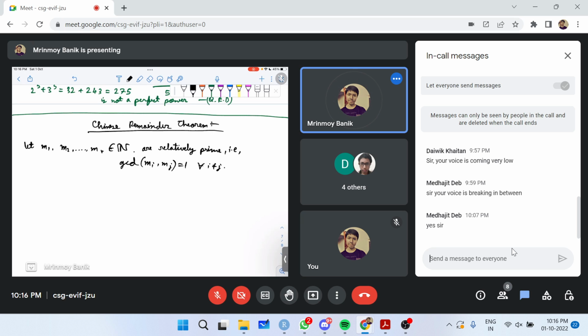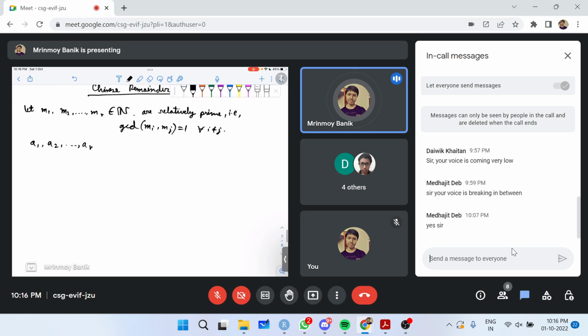And other than these R numbers, there are numbers A1, A2 up till AR. So they are again another set of R numbers. They can be anything, I guess. These are basically the numbers used in this system of R congruence equations we have. So X is congruent to A1 mod M1.